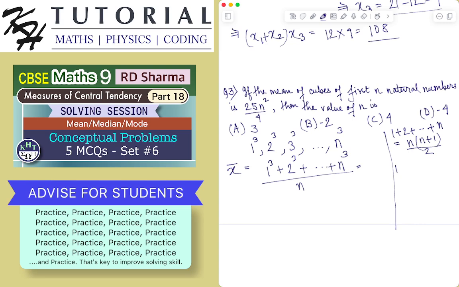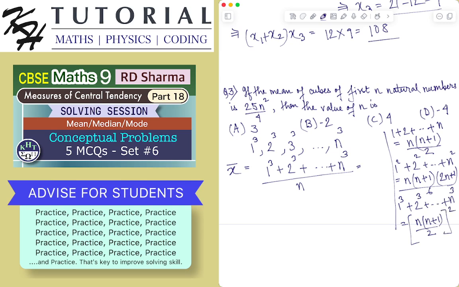The sum of the squares of the first n natural numbers is equal to n into n plus 1 into 2n plus 1 whole divided by 6. And third, the sum of the cubes of the first n natural numbers is equal to n into n plus 1 by 2 whole square. This you must always remember.